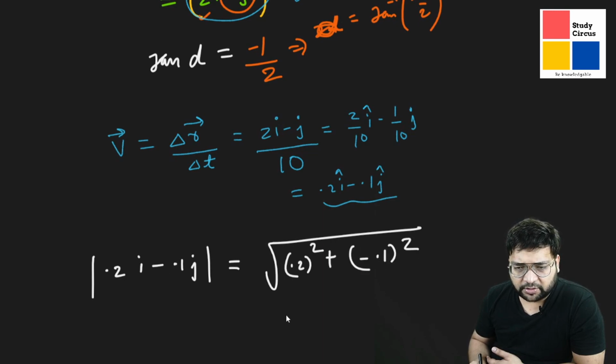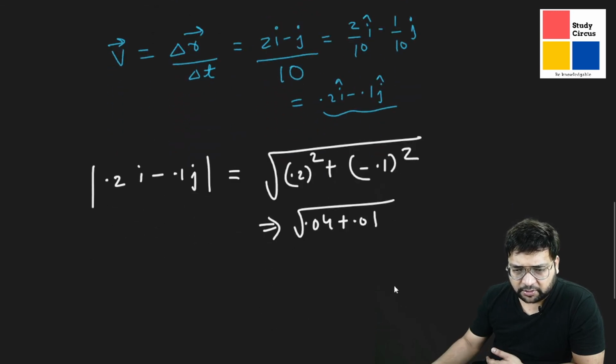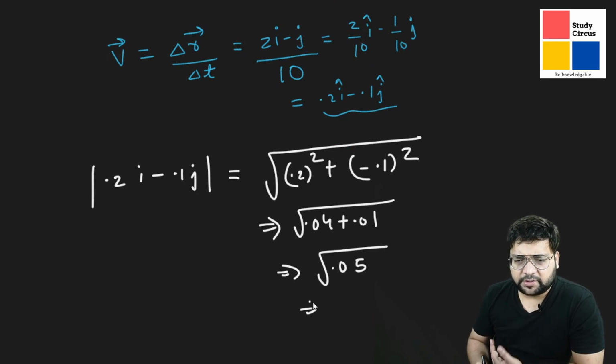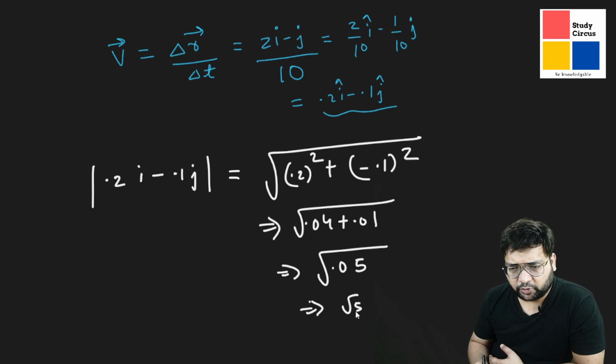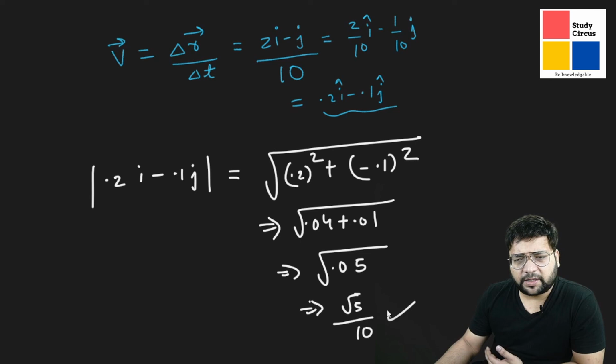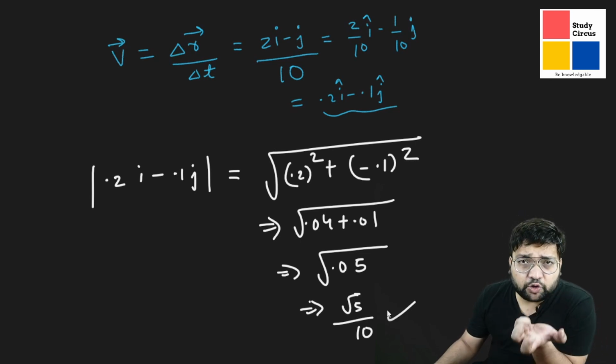So that is 0.04 plus 0.01 and then square root of this. So that is square root of 0.05. So this is going to be root 5 upon 10.